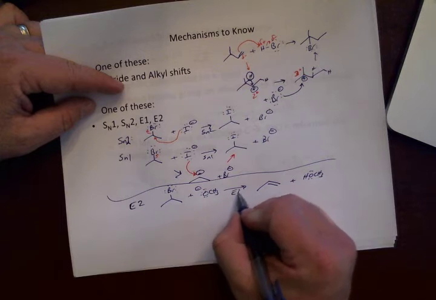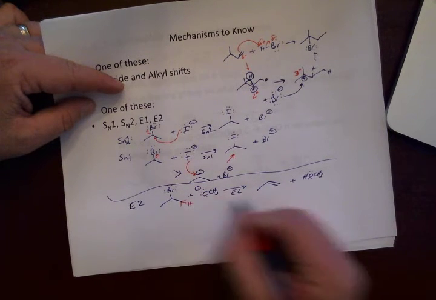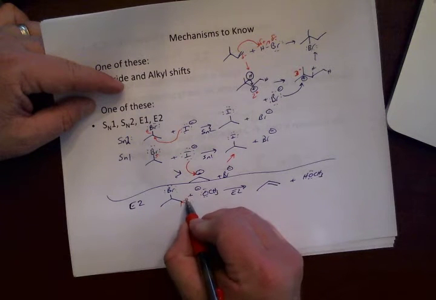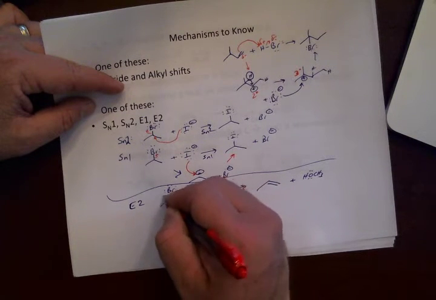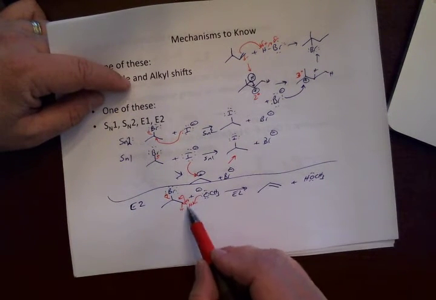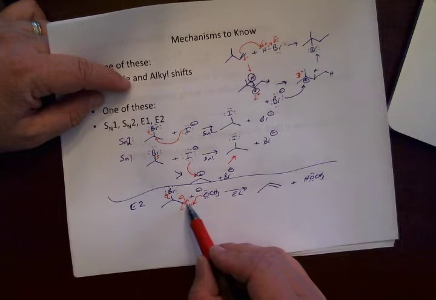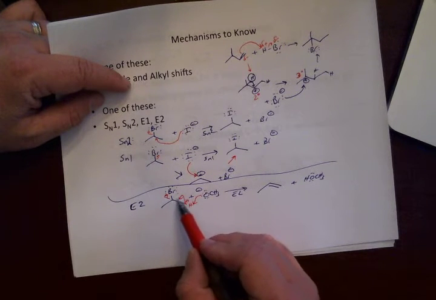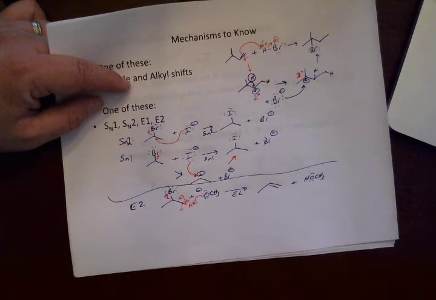So an E2 mechanism, it's going to grab one of those hydrogens, that's going to collapse down and kick that away. All happens in one step. The base comes in here, grabs one of these, 2 electrons come in and collapse away. This carbon can't have 5 bonds, so it pushes that away.